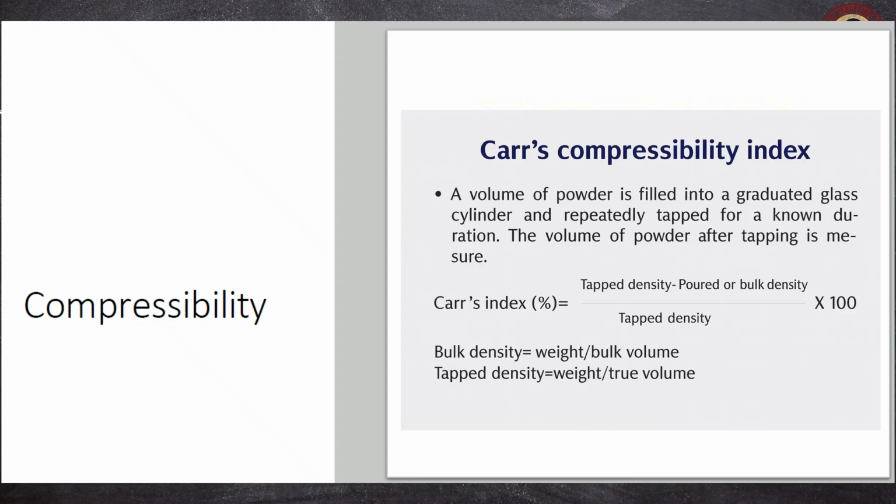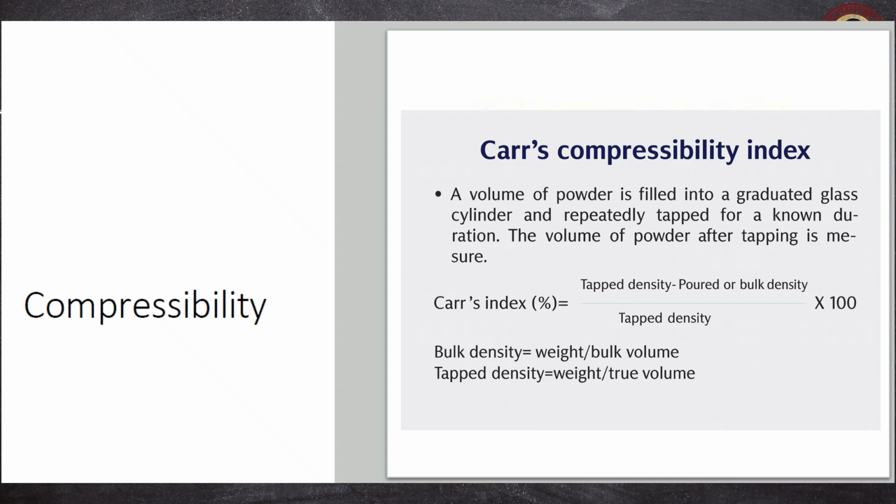We then measure two volumes, the bulk volume, which is the original loose state, and the tap volume, which is the compacted state after tapping. Carr's index is calculated using this formula: tap density minus bulk density, divided by tap density, then multiplied by 100.